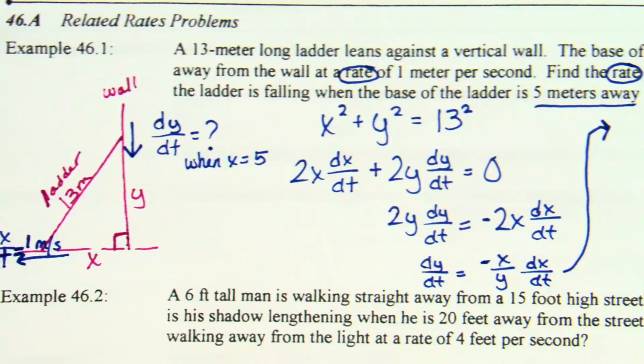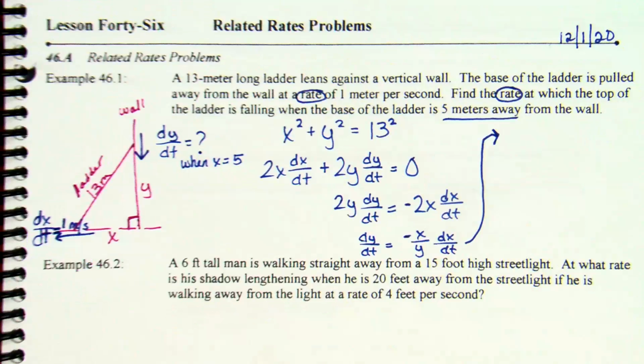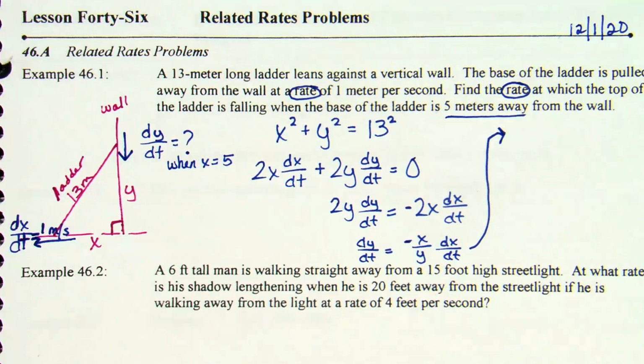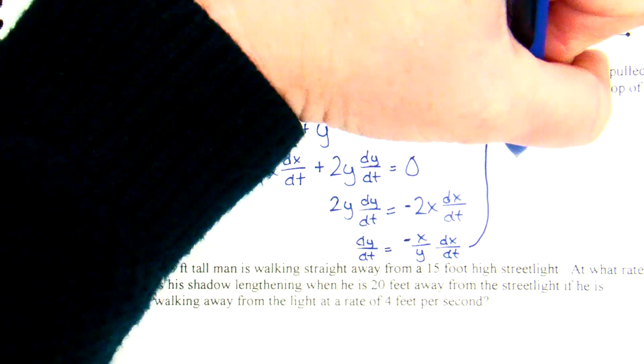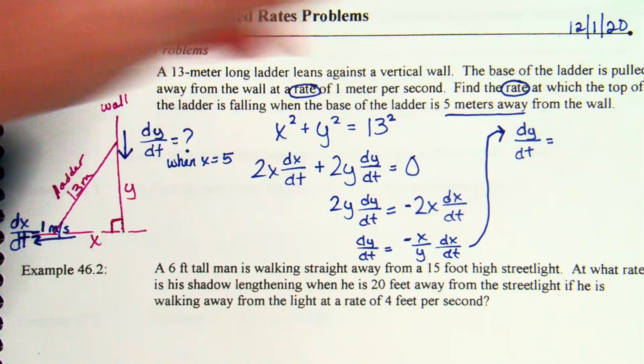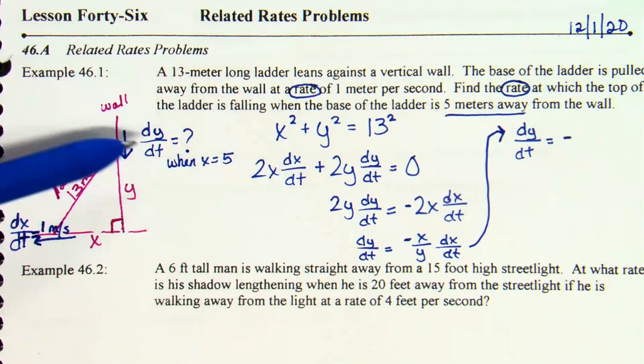And then officially, with a little bit of work, we can fill in everything here because we will know everything. So, dy/dt equals negative x over y dx/dt. Negative, what's x? 5. Because now that we're at the end and we're trying to find dy/dt, we're trying to find dy/dt when x equals 5.